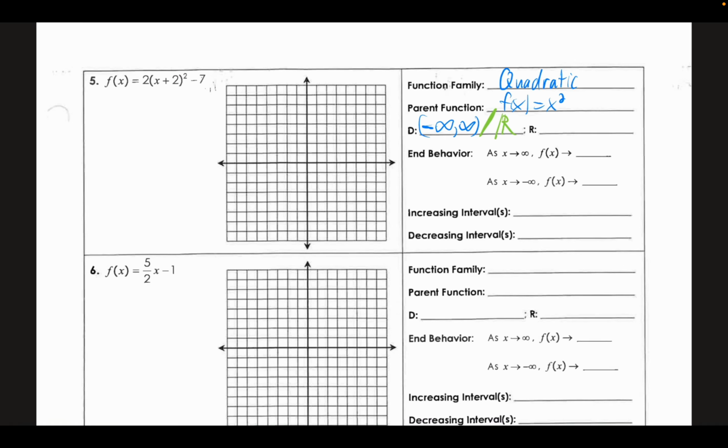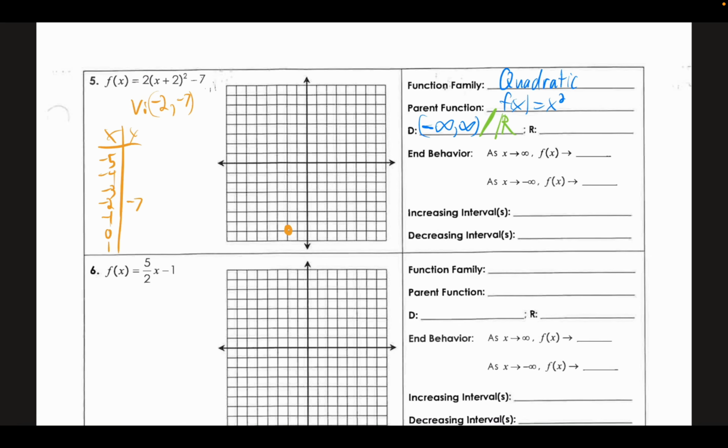This is in vertex form. I love that. So the vertex here is negative 2, comma negative 7. And so I'm going to go ahead and graph that vertex. This will open up since a is positive, and we do note that it does stretch. Now I'm going to make my xy table. I'm putting numbers around the x value of my vertex.